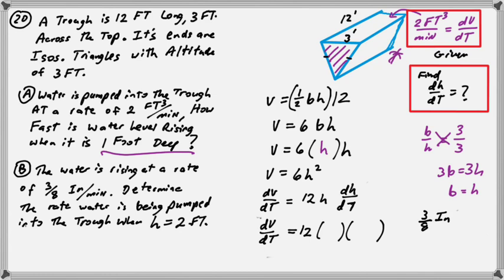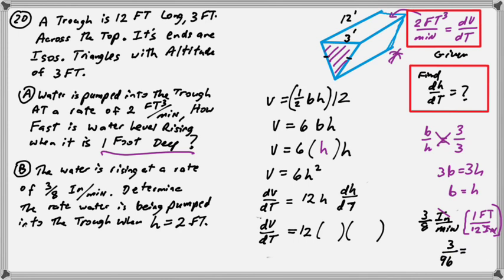3/8 inches per minute. How can I change that into feet per minute? I would like to change it into feet, so I'm going to multiply by a fancy form of 1. 1 foot equals 12 inches. Now the inches divide out, giving me what? 8 times 12 is 96.